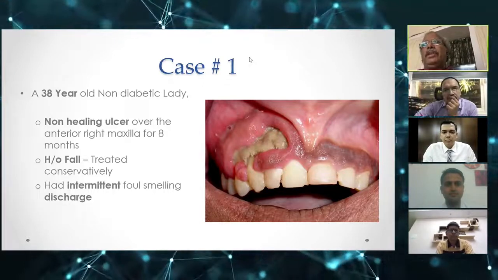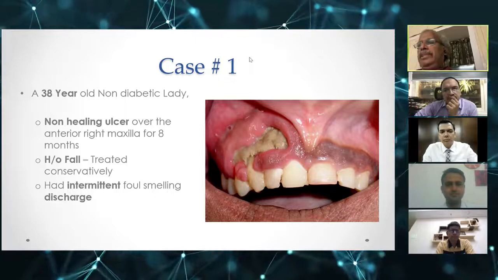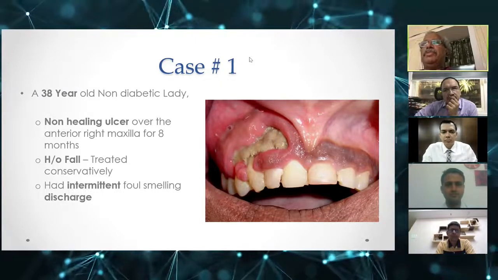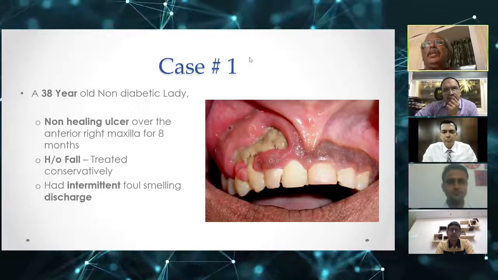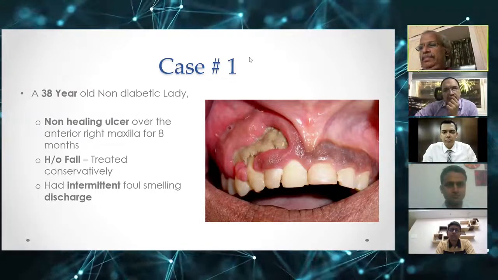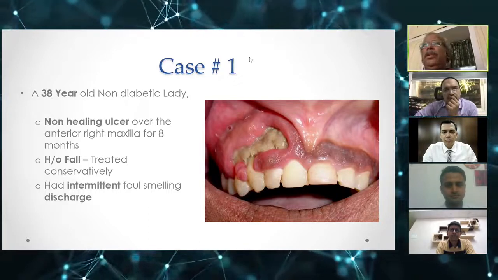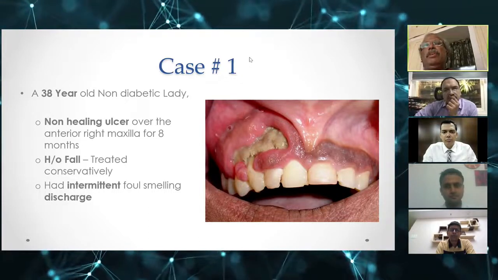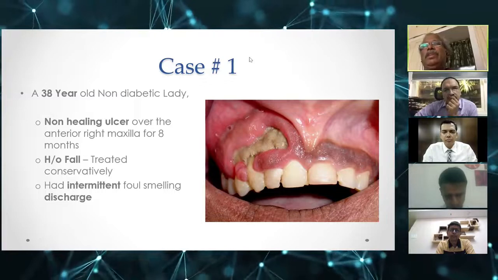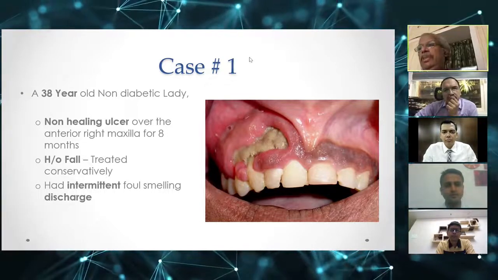I always tell my trainees, when you see a bone pathology, be careful with extraction and other treatment, because after extraction you definitely end up with osteomyelitis in bone pathologies. So look for bone pathologies. Look for other systemic involvement, meaning any other part of the body involved with it.